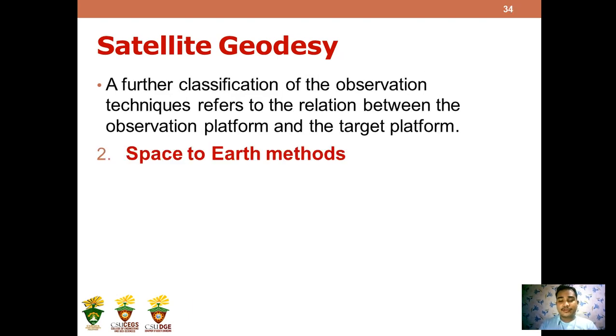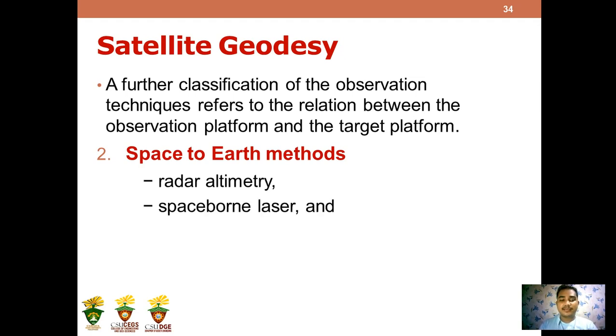Another method is the reverse, from space to earth. It is called radar altimetry, spaceborne lasers, and satellite gradiometry. For example, remote sensing images: from the satellite, it captures images of the earth, where the target is the earth's surface from the satellite above.